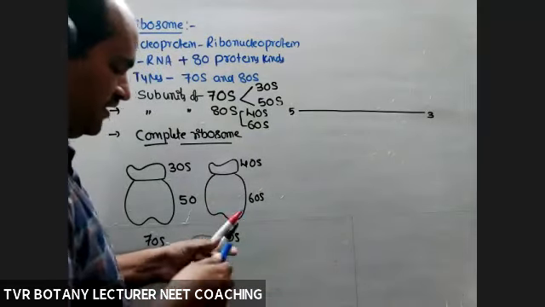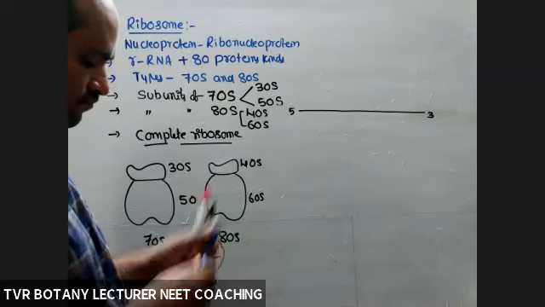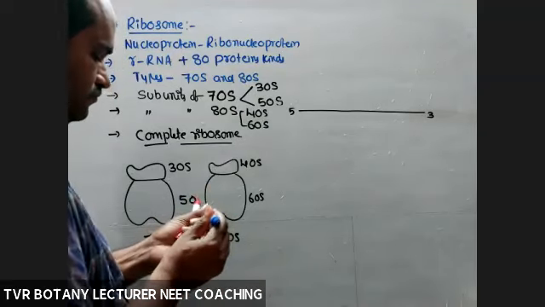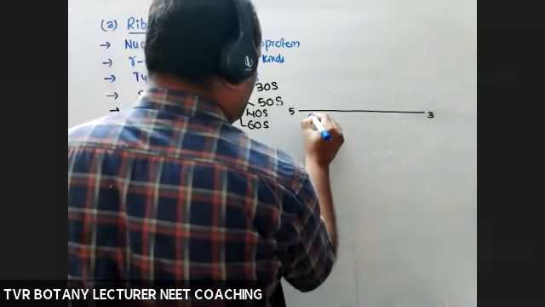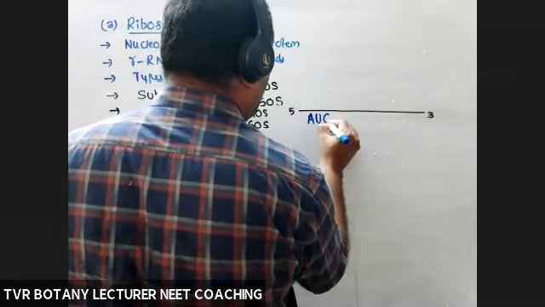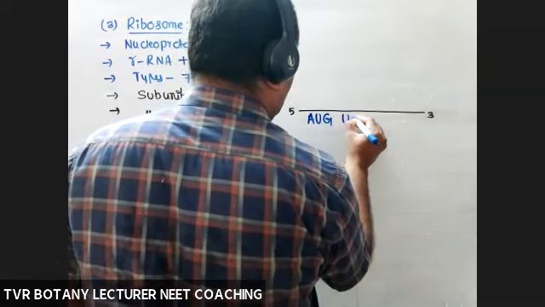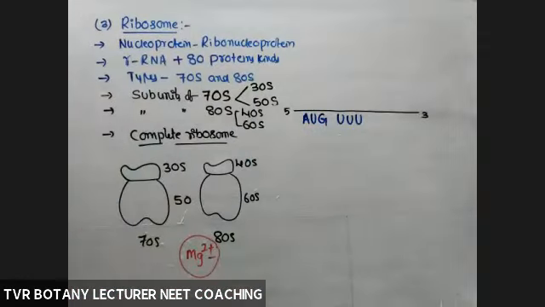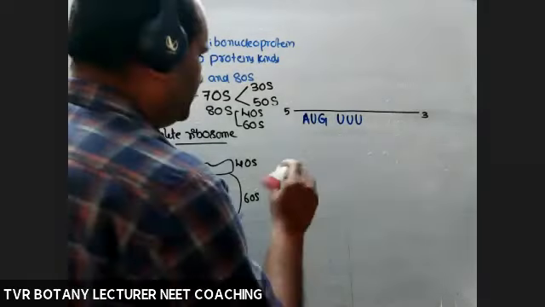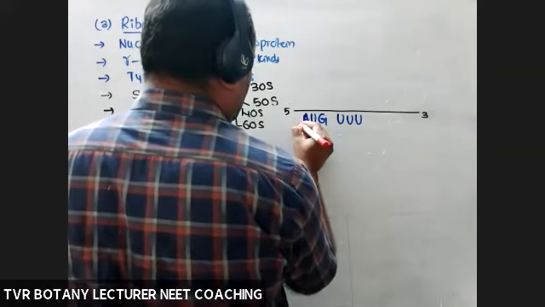So what are the codons here? For example only, A, U, G, U, U, U, and a certain number of codons. So now, association of subunits.